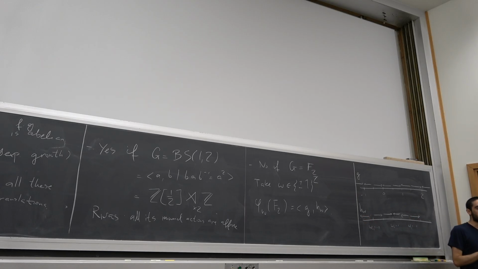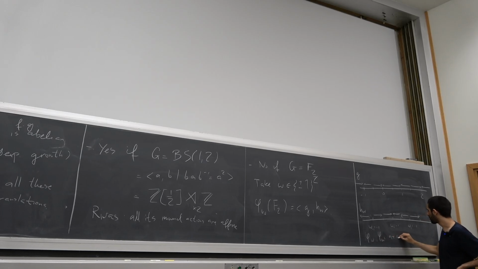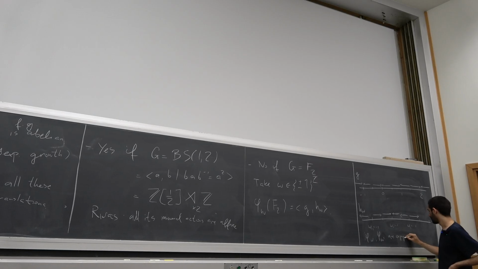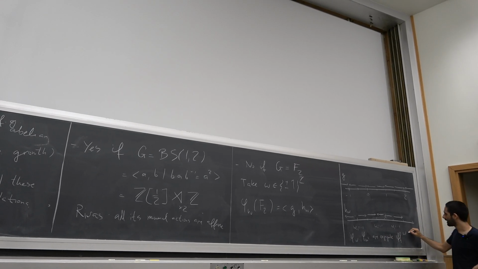Okay? And also faithful. But the thing is that two actions obtained this way, phi omega and phi omega prime, are conjugate if and only if omega is the same as omega prime up to a shift of coordinates.